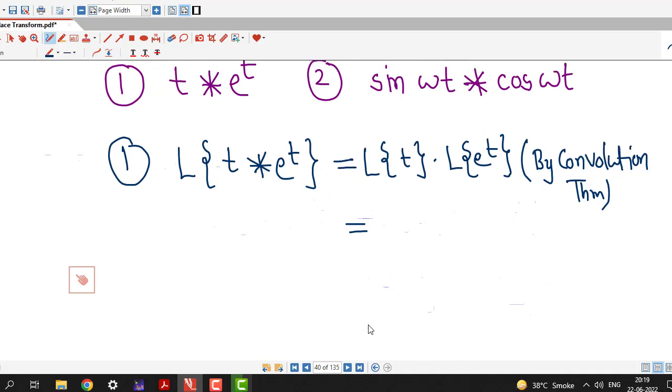Laplace transform of t is 1 divided by s square, and Laplace transform of e raised to at is 1 divided by s minus 1. Here we are using this formula.